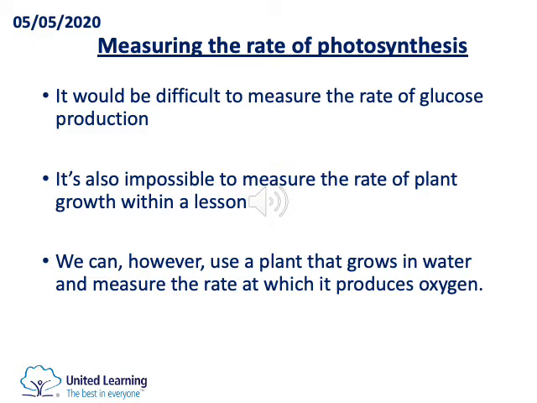Another thing you could do is measure how quickly a plant grows within a lesson. Again, that would be very difficult because the plant will grow, but the growth would not be noticeable. The final thing you can do is measure the amount of oxygen produced by the plant if you have a plant which naturally inhabits a water environment.